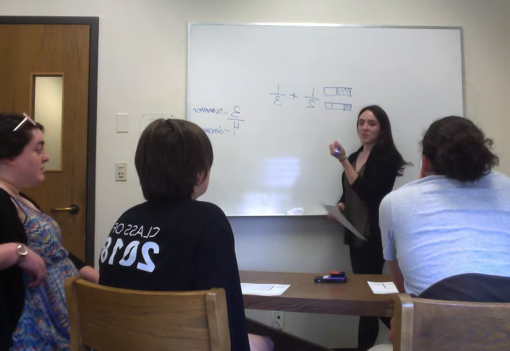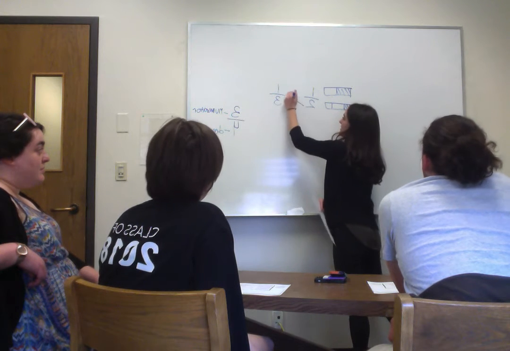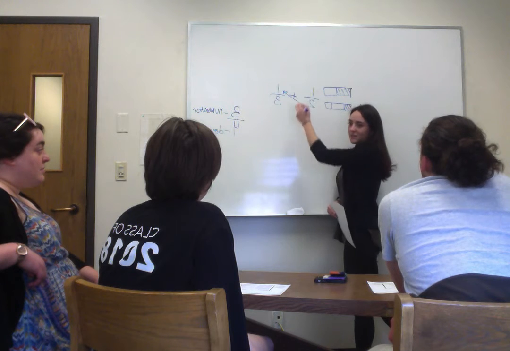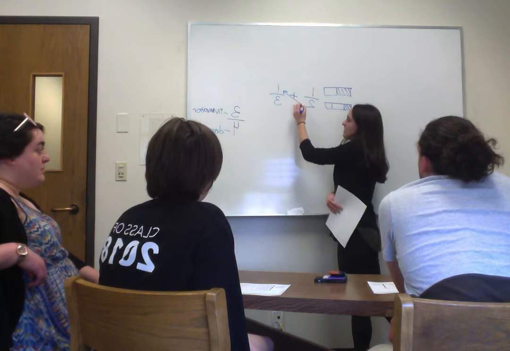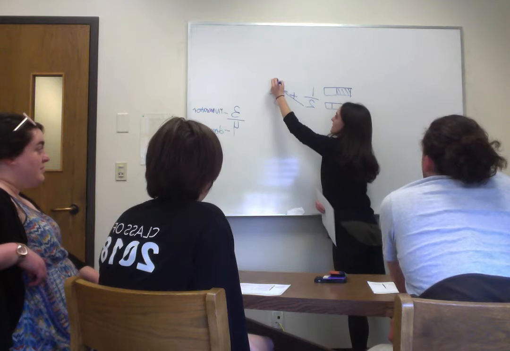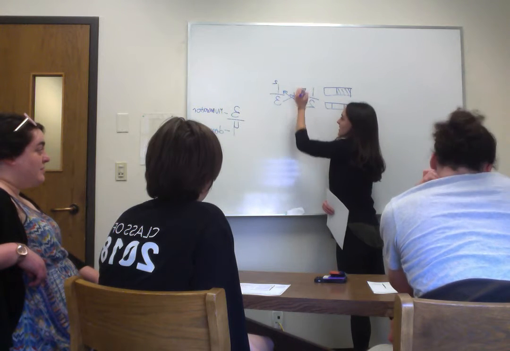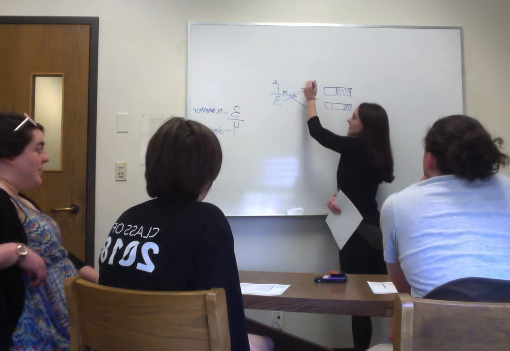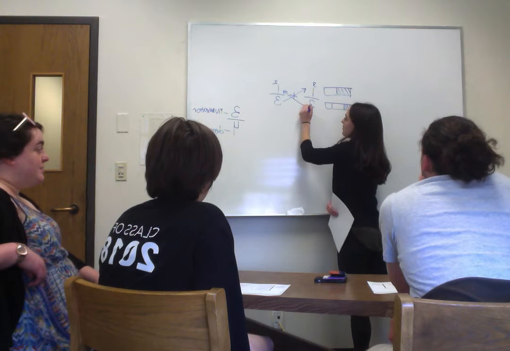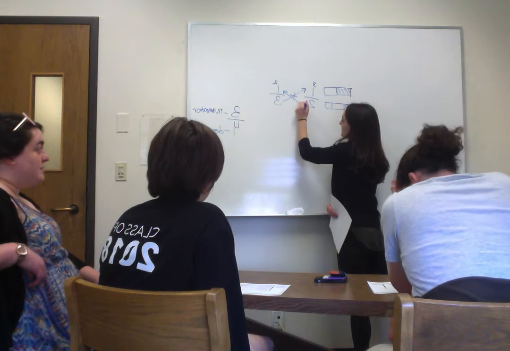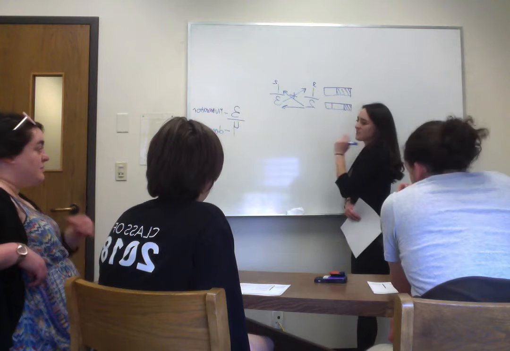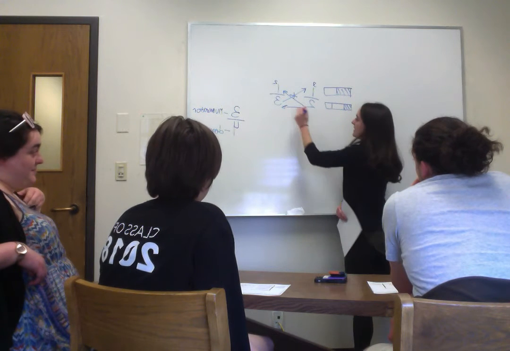So we're going to use something called the bow tie method. And so we're going to start by multiplying across on the denominators to the numerators. So 2 times 1, 2, and the same the other direction. So 3 times 1, 3. And then we're going to multiply these across. So 2 times 3, 6.